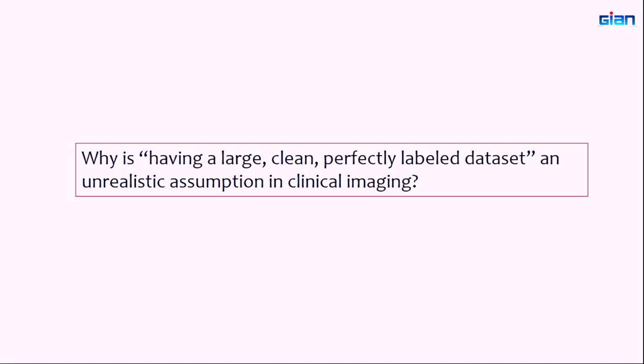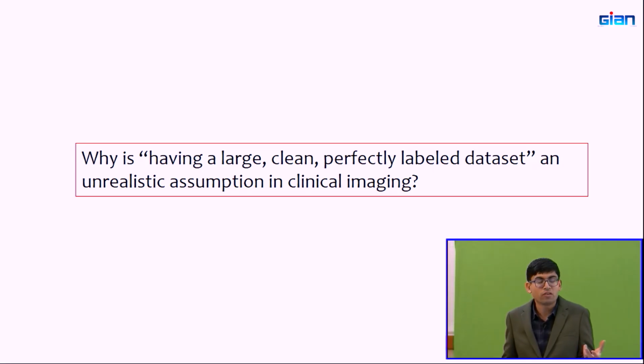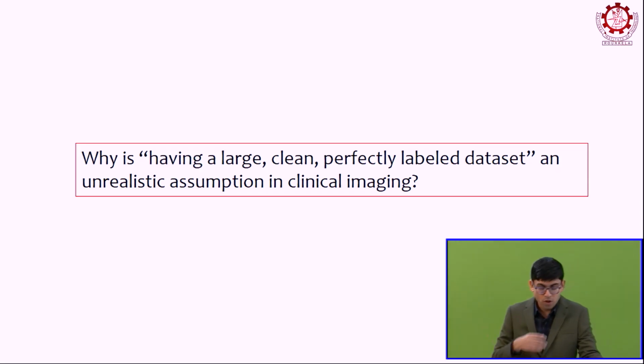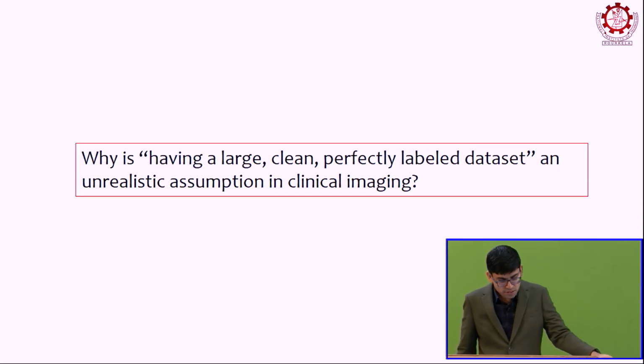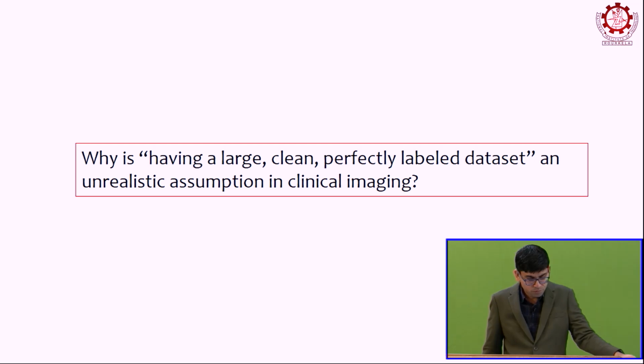Maybe you can do that after you are exposed to many of these images over a long time, but we can't really expect non-experts to do that. We will need an ophthalmologist to look at these images, right? And getting their time and effort is very difficult. Everything has a price to it, so it's very expensive. That's why it's an unrealistic assumption in clinical imaging.